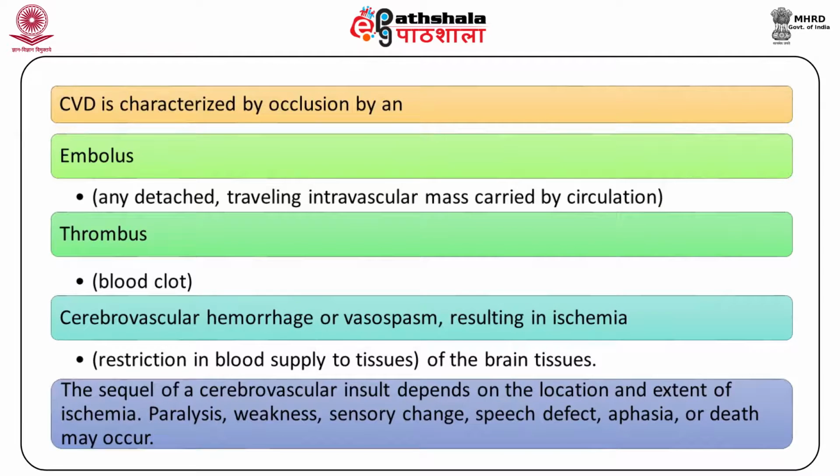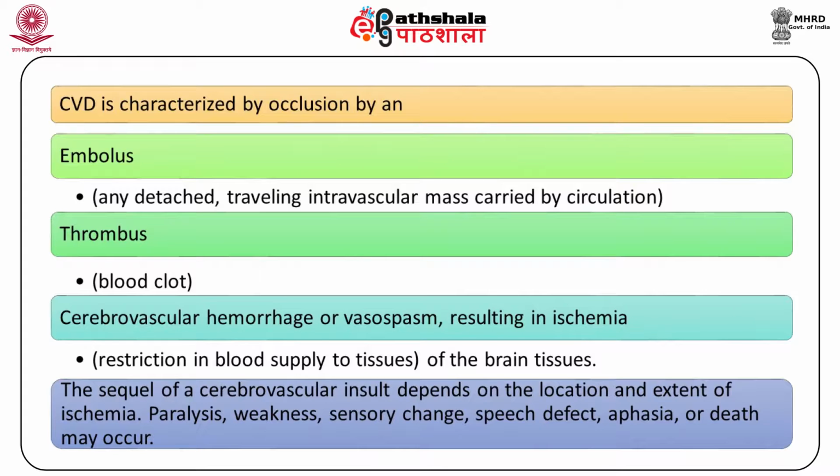CVD is characterized by occlusions by an embolus, any detached traveling intravascular mass carried by circulation, thrombus, blood clot, or cerebrovascular hemorrhage or vasospasm, resulting in ischemia, restriction in blood supply to the brain tissues.